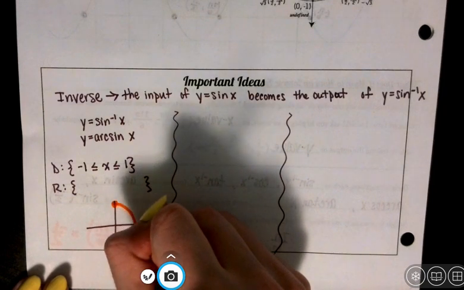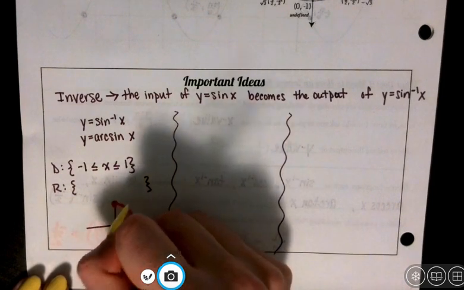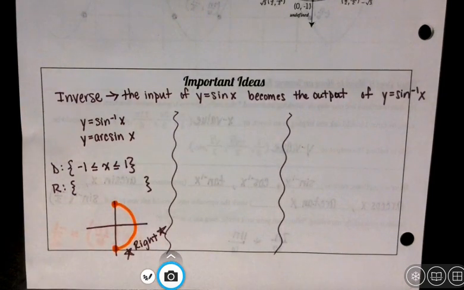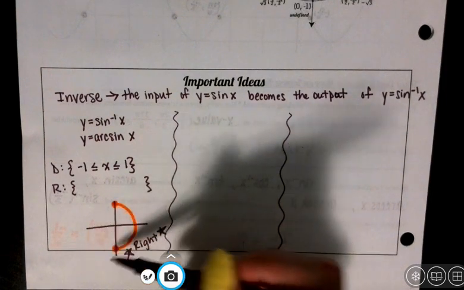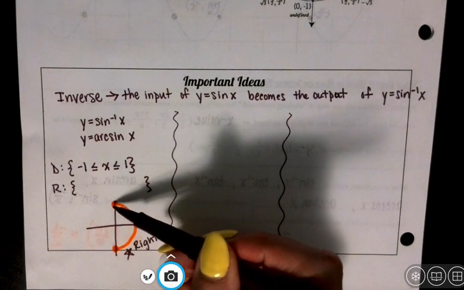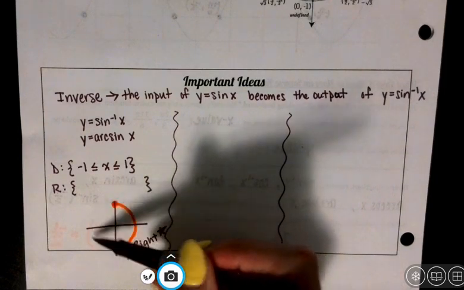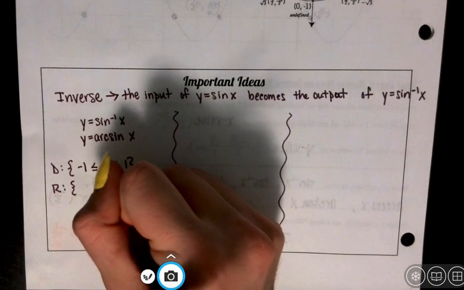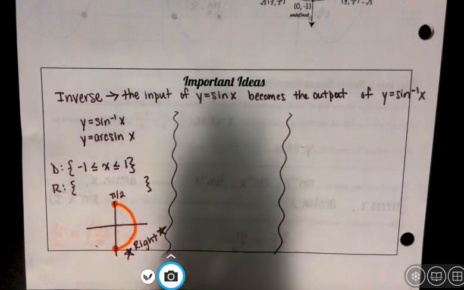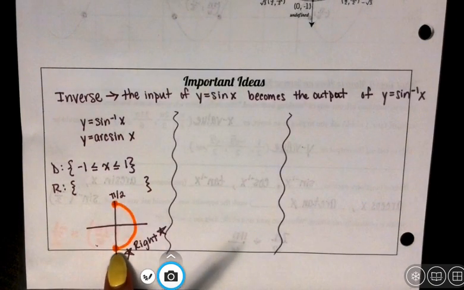So this is how I kind of visualize it. Whatever helps you to visualize it, I want you to kind of sketch that. And because we're restricting it to the right side, normally we start at 0 and we would go all the way around. But if we're stopping here and we're not using this left side, we can't continue going around the circle. And so while this angle is pi over 2, the angle at the bottom here is normally 3 pi over 2.